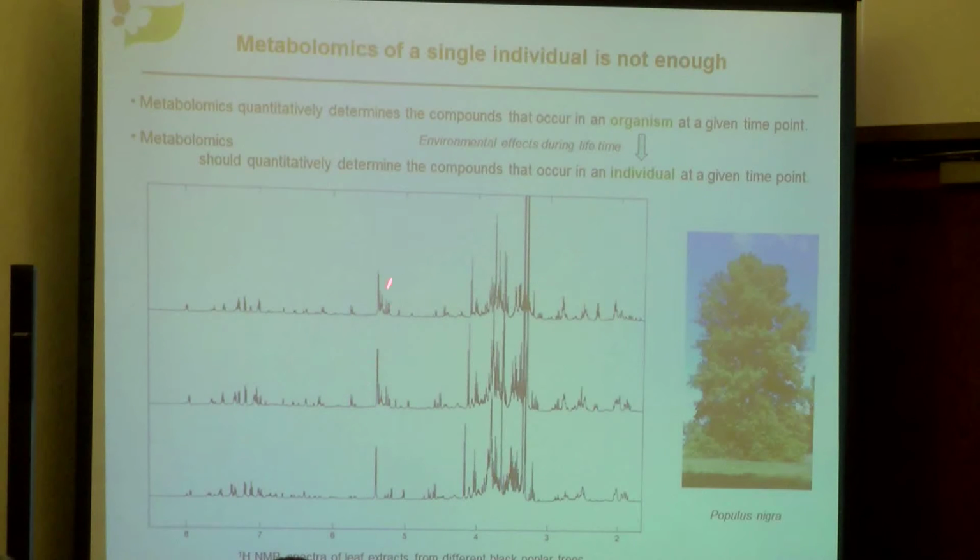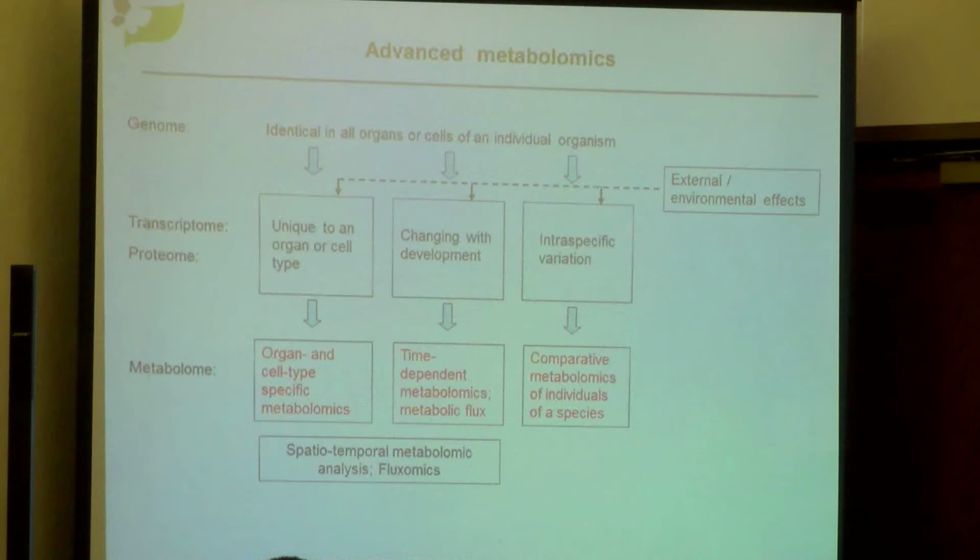It is obvious in this comparison of proton NMR spectra that there are some differences, and this is due to the changing metabolome during the lifetime of such a tree. That means we have to study not only single individuals, but we have to compare a certain series of individuals of the same species in order to establish the metabolome.